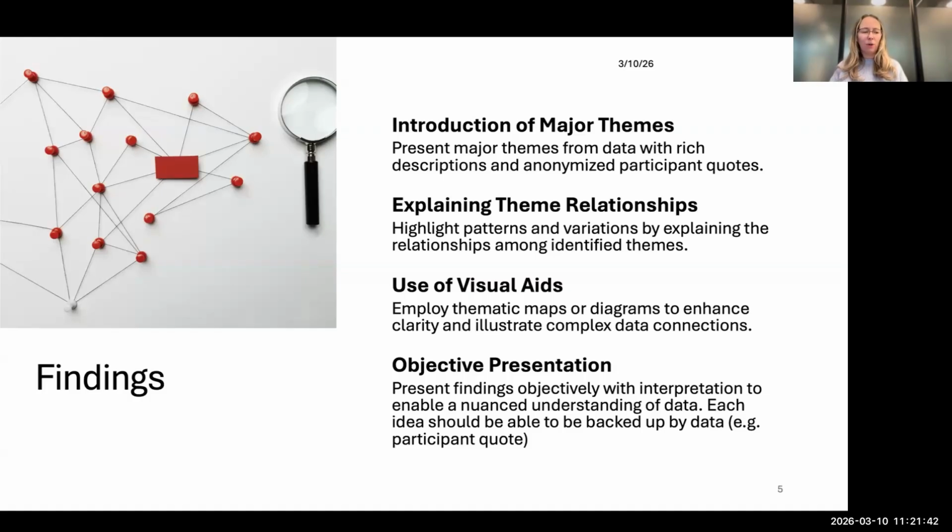I know that some reviewers do expect it, but I think more and more qualitative reviewers aren't really looking for that. So if somebody does say it, they're probably not a qualitative researcher, and might be more of a content expert than a qualitative researcher.